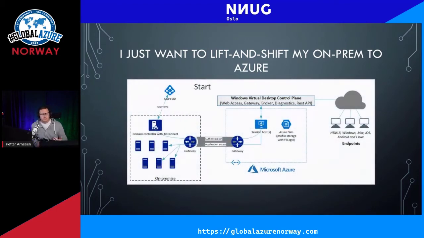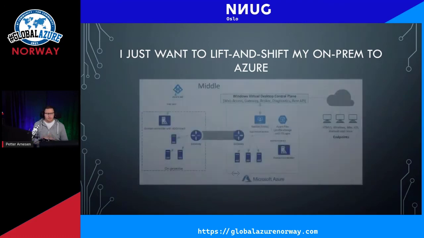So this is basically the same as the start of our previous lift and shift use case. You have your VPN set up between the Azure environment and your on-prem, and all the session hosts are doing authentication and application access over that VPN connection.